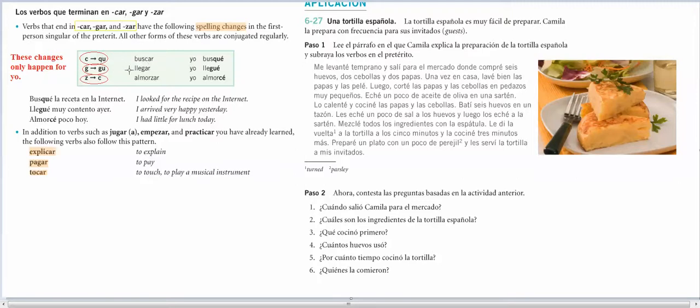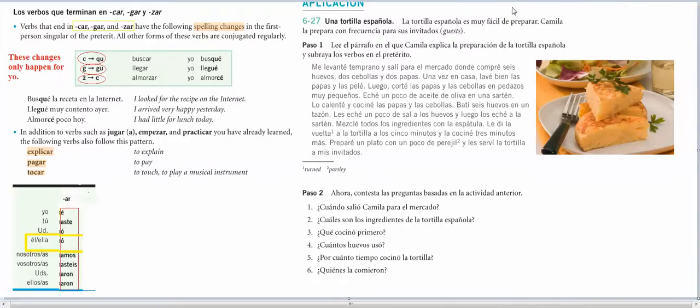So for example, if we have buscar, it makes that hard K sound. But if I go ahead and conjugate the verb buscar right here, like here's my AR endings, if I want to add those endings to buscar, this is what I would get.